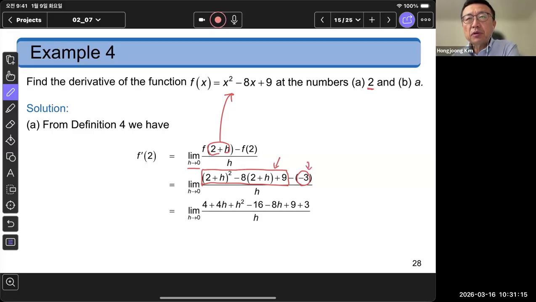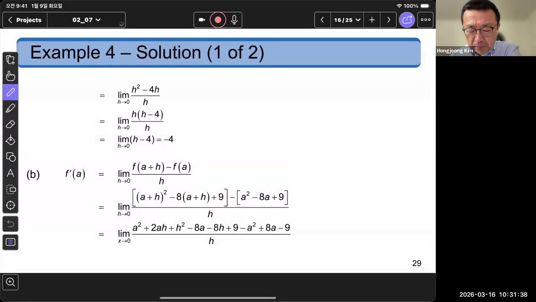If you expand this term, and then combine 4h with negative 8h, you get negative 4h. And then if you cancel the constant terms, I mean 4 minus 16 plus 9 minus 3, the numerator becomes h squared minus 4h only.